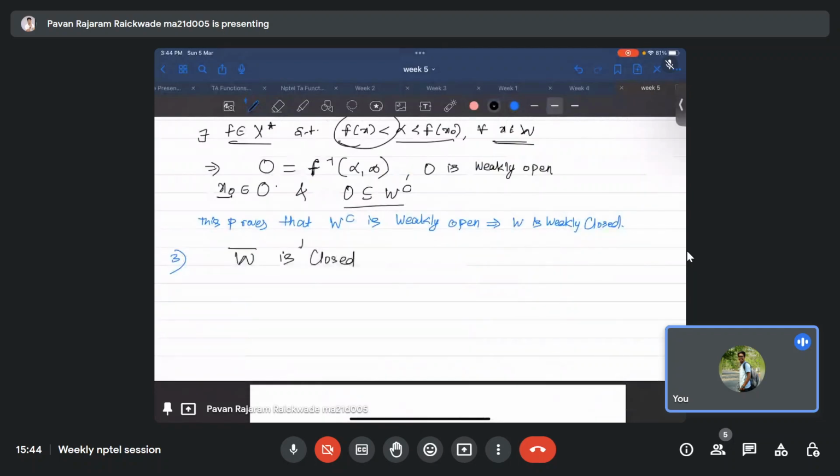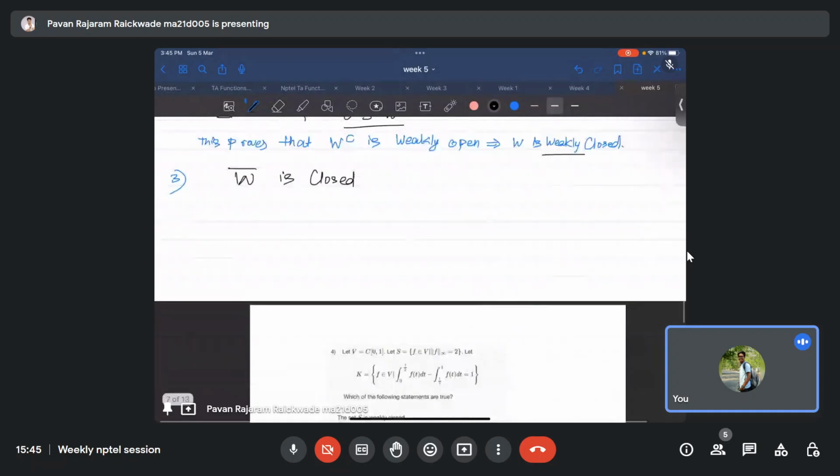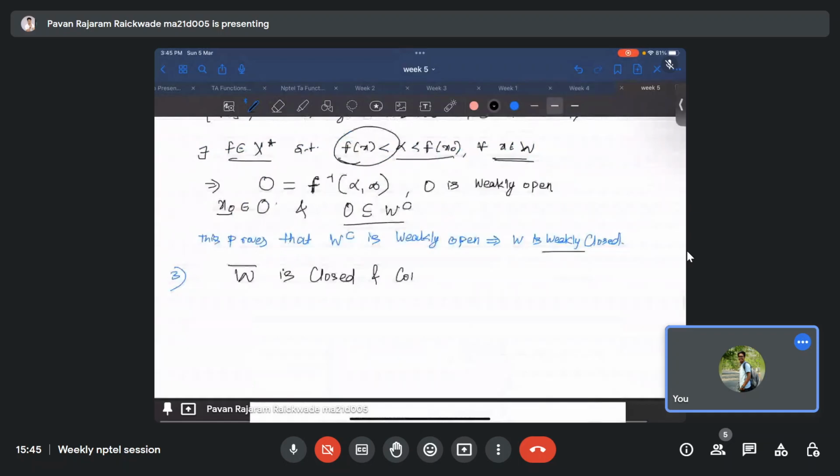When I say closed, it means norm closed. When I want to say weakly closed, I will explicitly write weakly closed. The closure of W is closed and convex, and this will imply the closure of W is weakly closed.